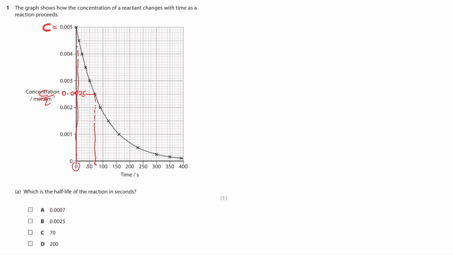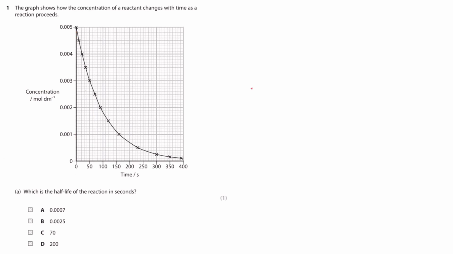So it's between 0 and the 70th second, which is 70 seconds, when the initial concentration becomes half of its original value. Therefore the half-life of this reaction is 70 seconds. So the answer for question 1, part A, is C for me.